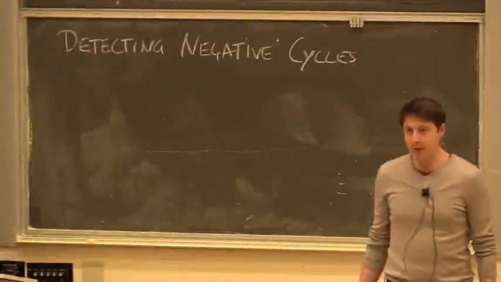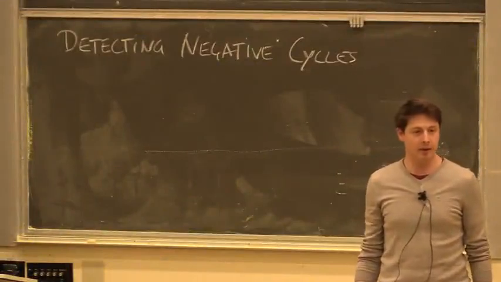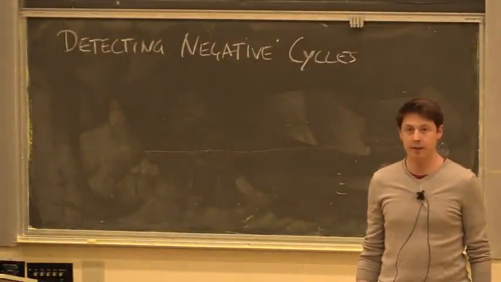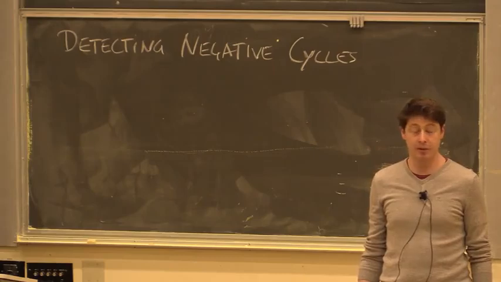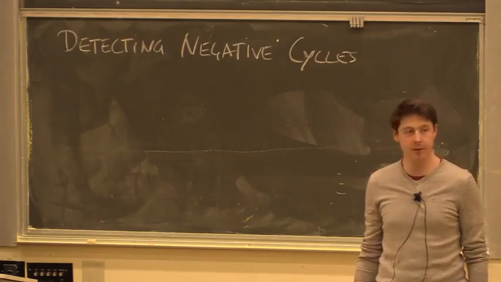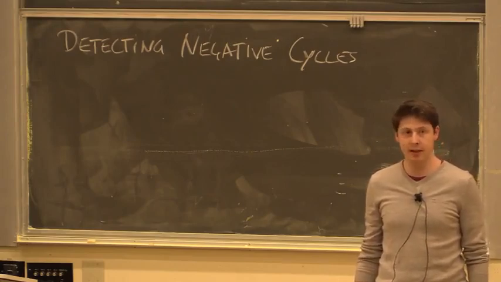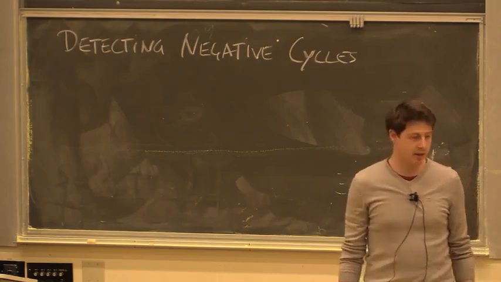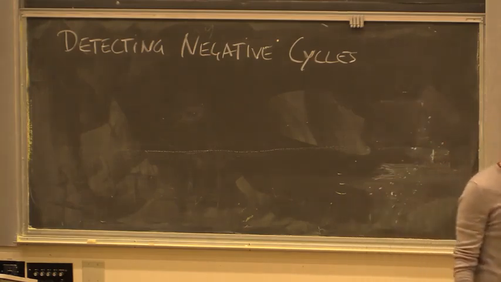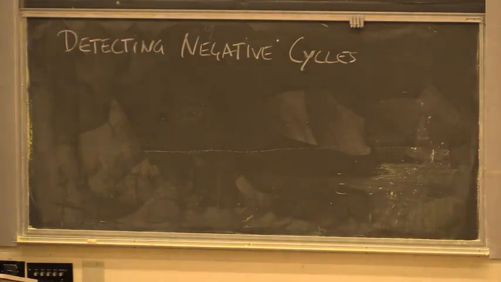All right, so the plan for today is we're going to finish up our journey in finding shortest paths, okay? So last time we saw two rather sophisticated algorithms. One was Dijkstra's algorithm, which solves the problem of shortest paths on what types of graphs?